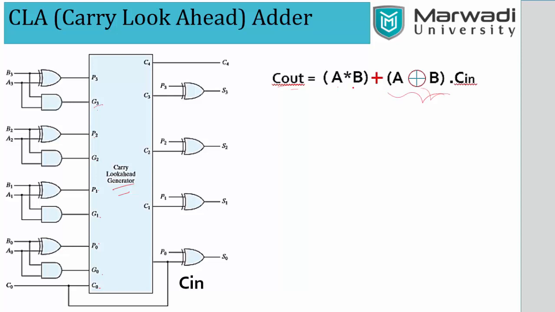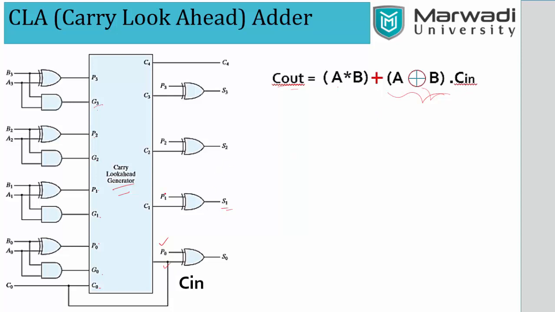That is A XOR B, and the carry in is over here. Look at C4. Here C0 will be given with P0 and the carry in block, that is the propagator and carry in block.